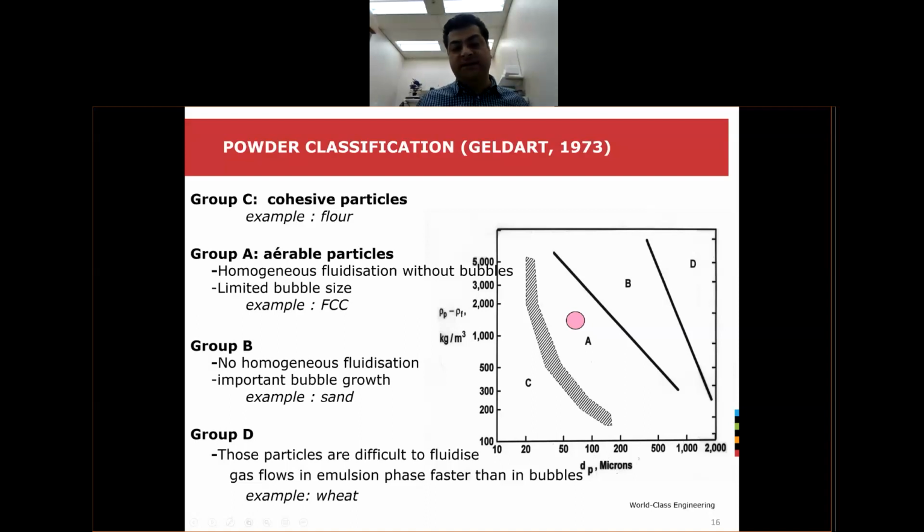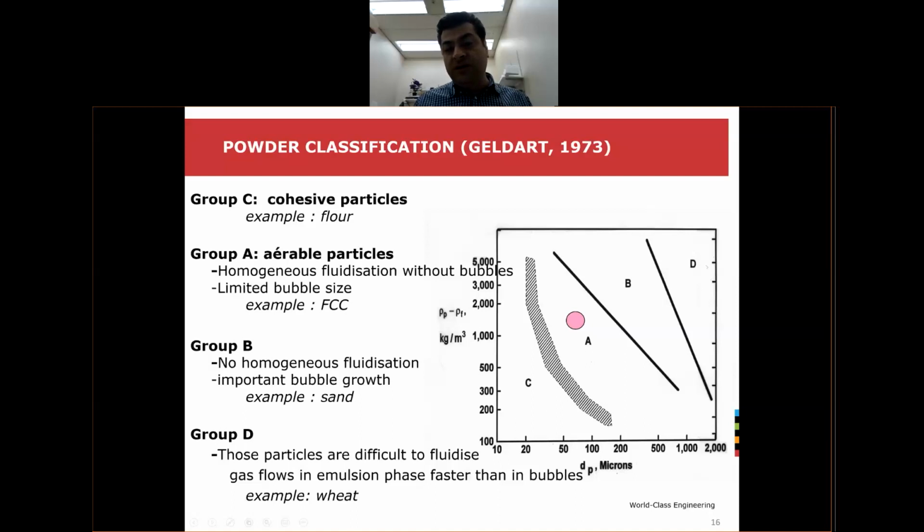So as you can see, when you have very small particles, in this zone, depending on the particles density, especially if they have density below 2000 kilogram per cubic meter and size below 50 micron, they are part of group C.